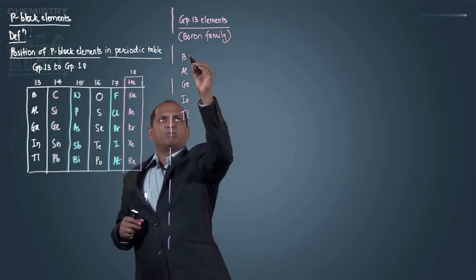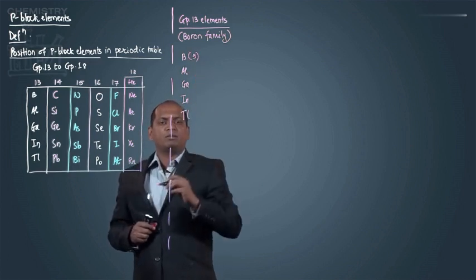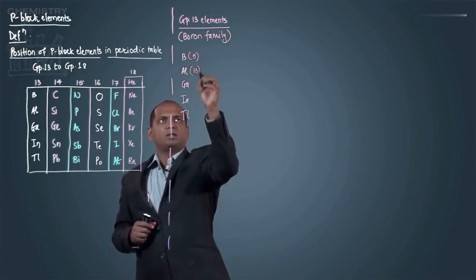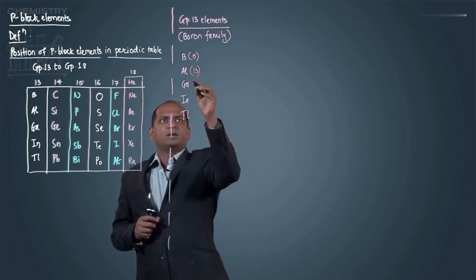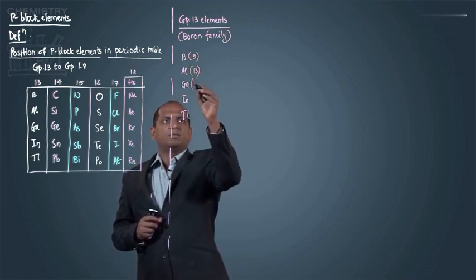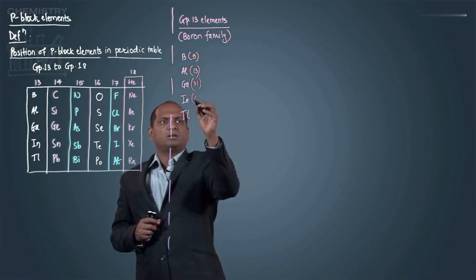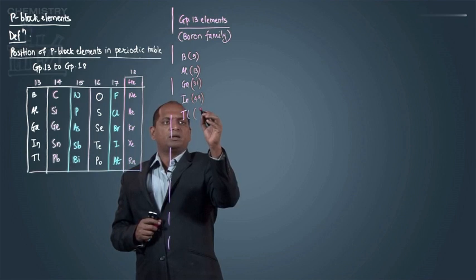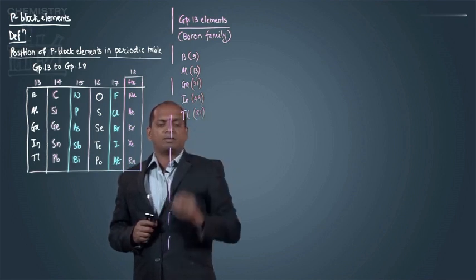So the atomic number of boron is 5, then 13, then 31, 49 and 81.